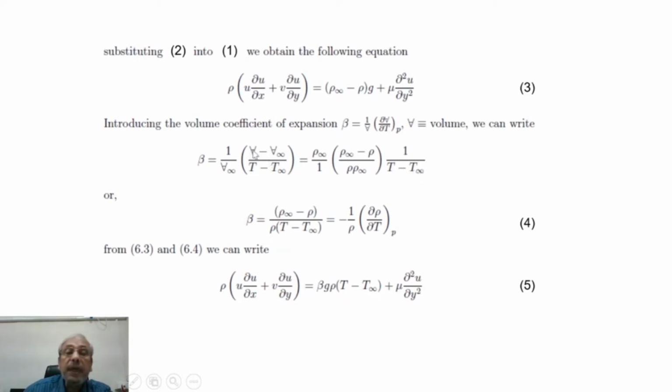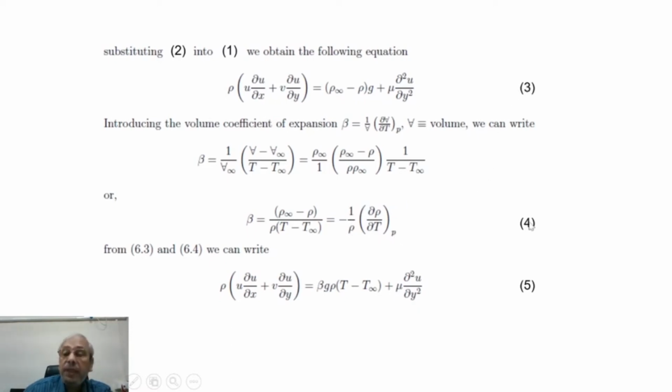This is simply, V has been written as 1 by rho, V infinity has been written as 1 by rho infinity, and then this has been worked out. So beta is (rho infinity minus rho) divided by rho into (T minus T infinity), which can also be written as minus 1 by rho ∂rho/∂T at constant pressure.